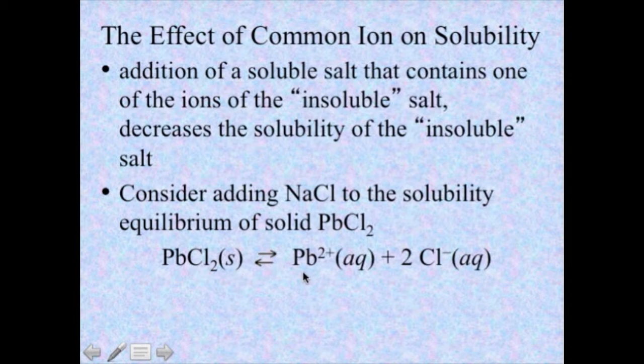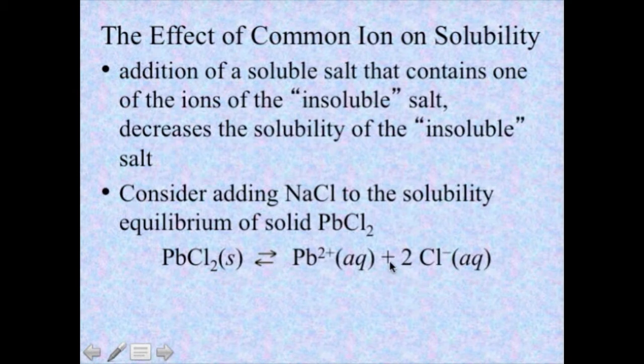Well, if you imagine that at equilibrium, the mass action equation, lead ion times chloride ion squared, will equal the solubility product. But when we add the sodium chloride, suddenly our concentration of chloride shoots up, and the Q value for that mass action equation is now greater than the solubility product. It's no longer at equilibrium. So what has to happen?